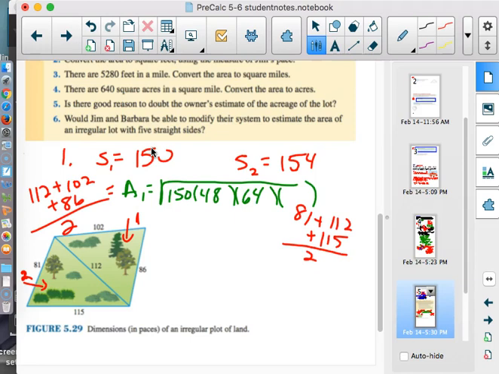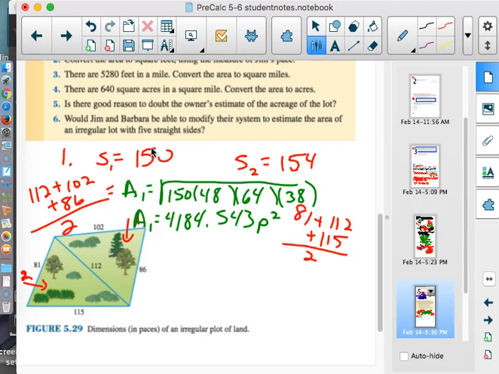And then 150 minus 112 gives us 38. We would go ahead and punch that in, and like I said, I don't want to bore you with all of that. That comes out to 4,184.543. But this is square paces, and this is just the first triangle. So now we need the second one.